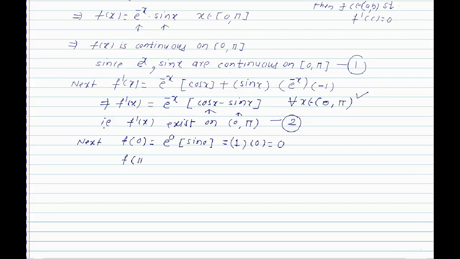F of pi is e to the power minus pi into sine of pi, and again sine of pi is 0, so we get e to the power minus pi into 0, so the product is 0. Thus, the values of f of x at the end points are equal.